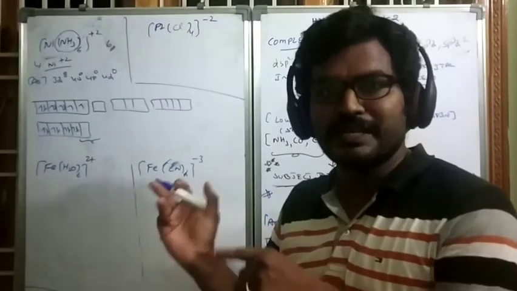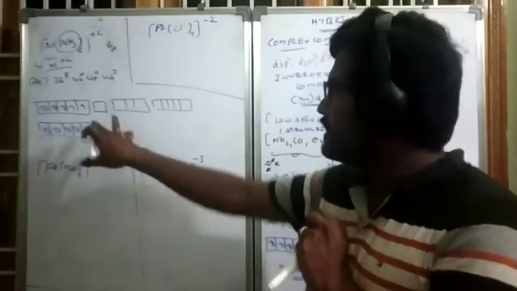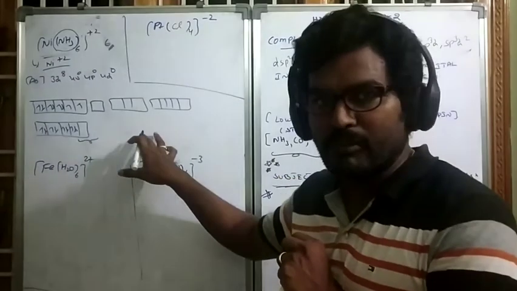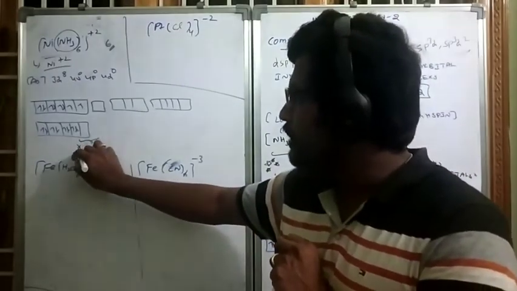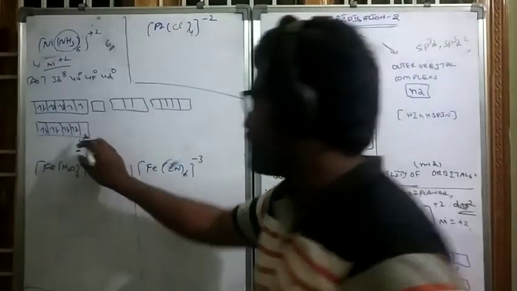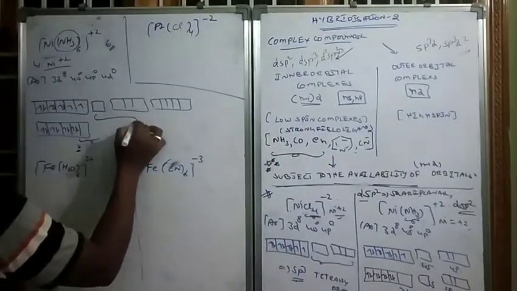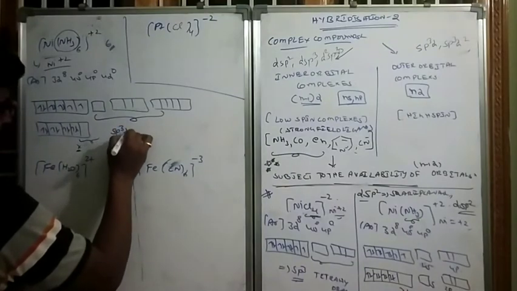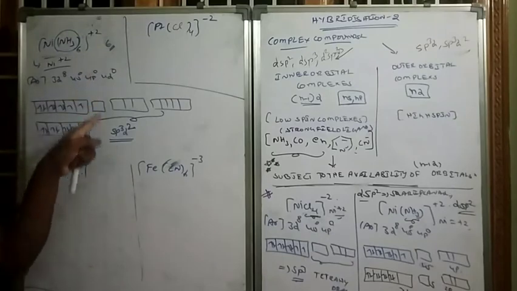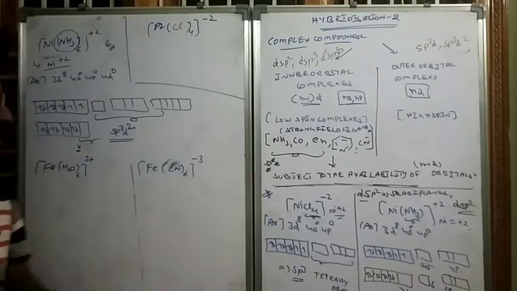There is no dsp3d hybridization. So if there is availability of 2 inner d orbitals, it will be d2sp3 hybridization. But here only 1 orbital is available, and hence it does not take the inner orbitals. It will take the outer orbitals and form sp3d2 hybridization. Though it has a strong field ligand, it will form the outer orbital complex.